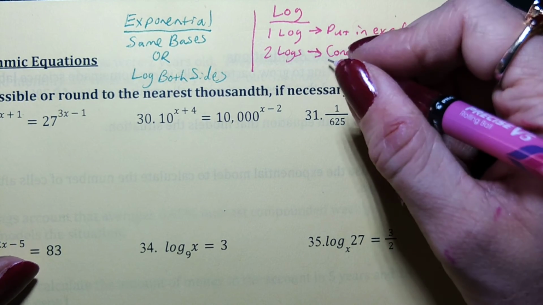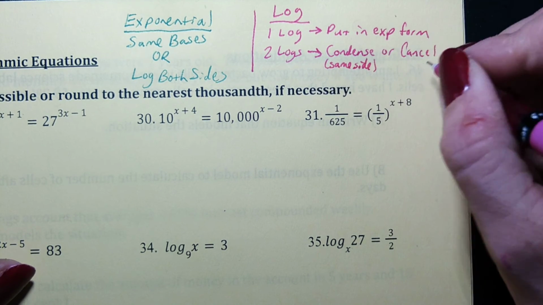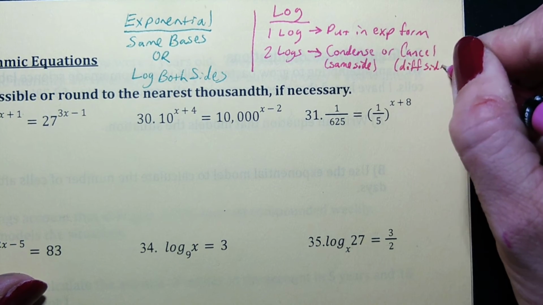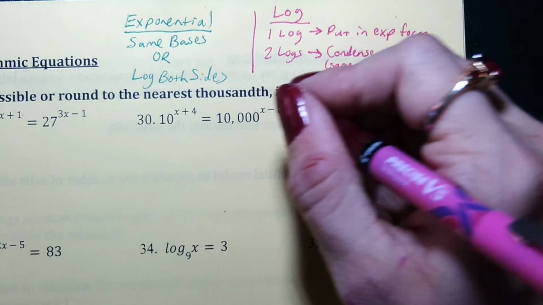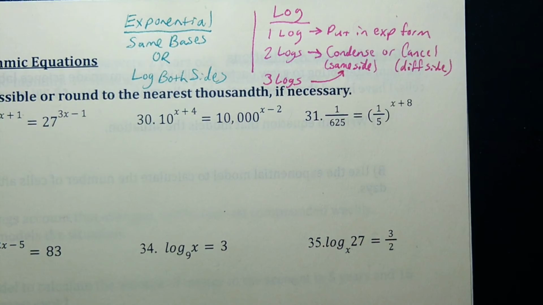So pretty much if they're on the same side, you'll condense. Or if they're on a different side, they'll cancel. If there's three logs, you will automatically need to condense the two that are on the same side first. And then you will solve as a two log.